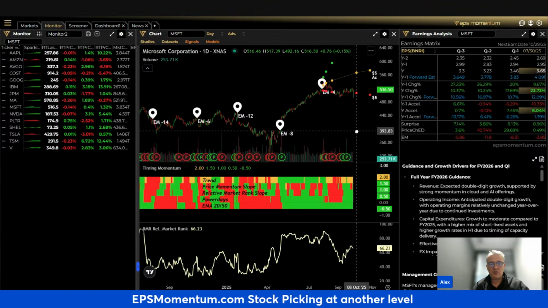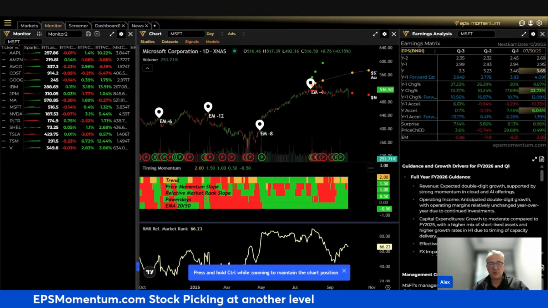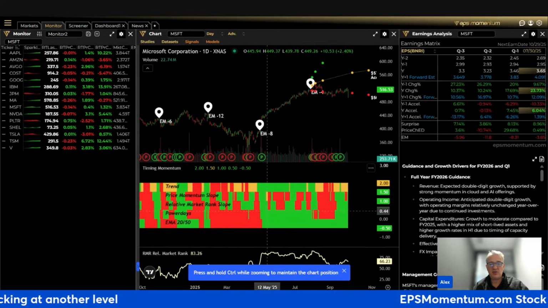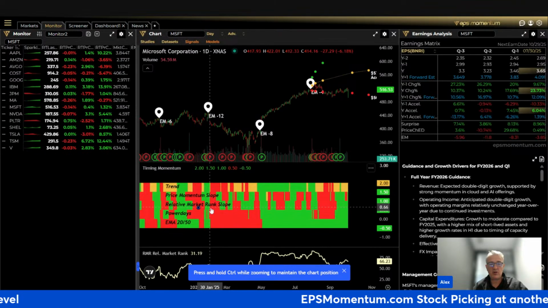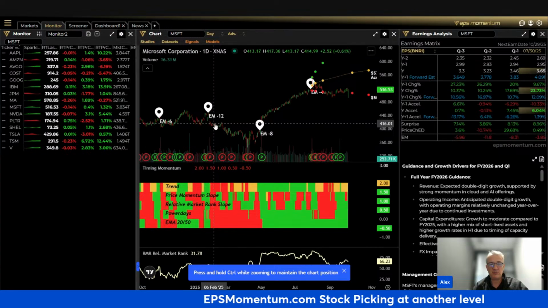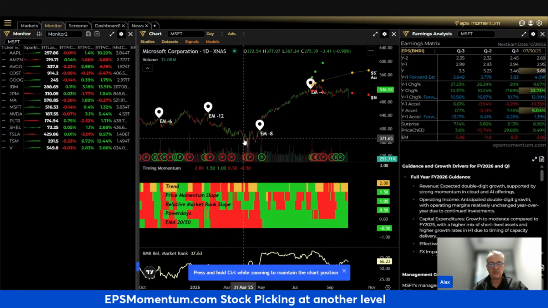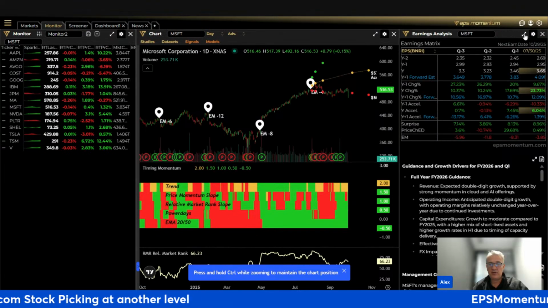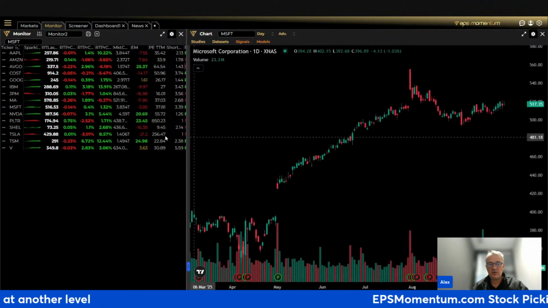Okay, so let's focus on the timing momentum. So we have these color-coded indicators that tell you where we are in terms of the trend. So here we see a downtrend, clear downtrend. And we can make the chart a little bit bigger.